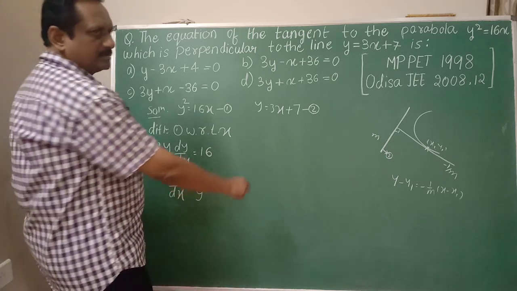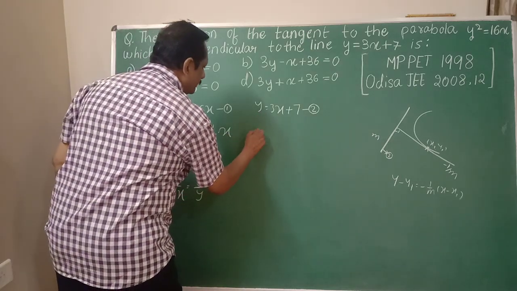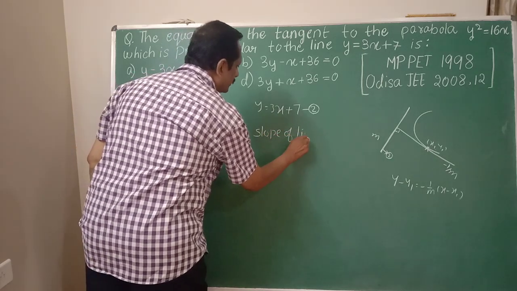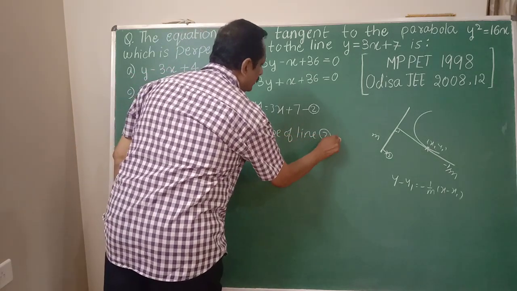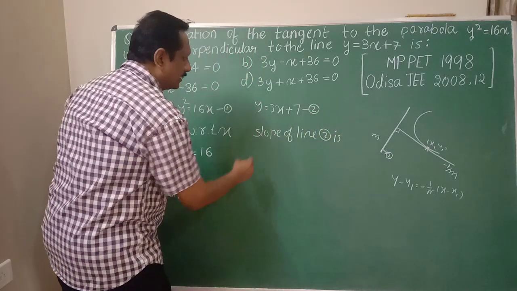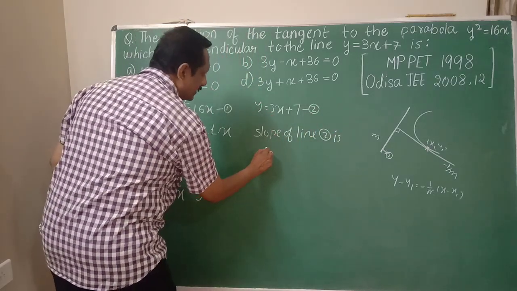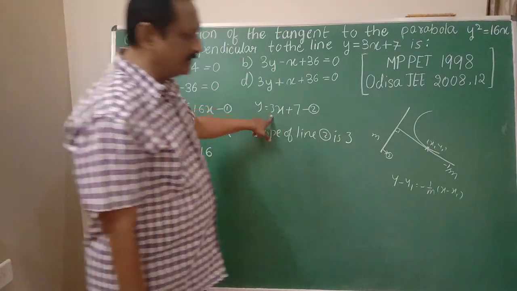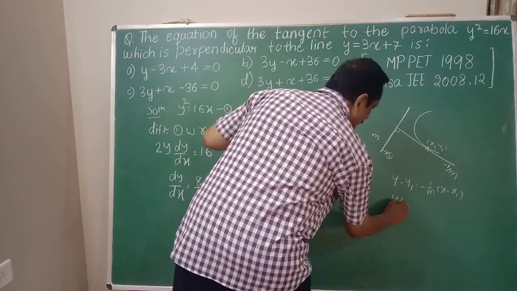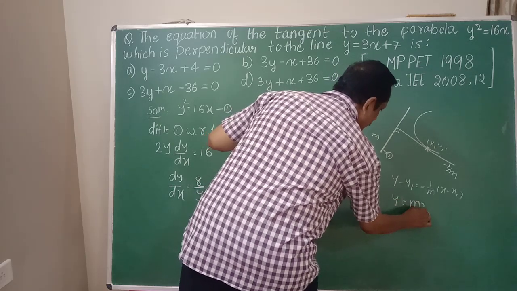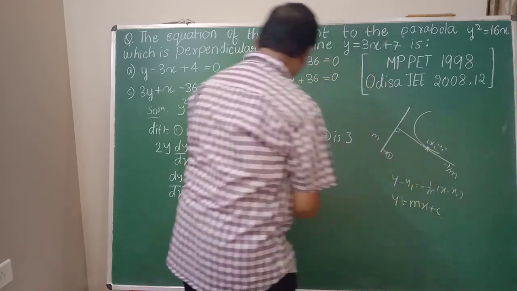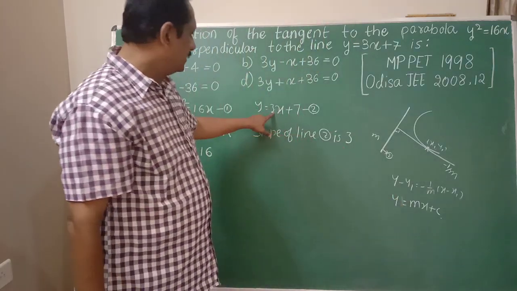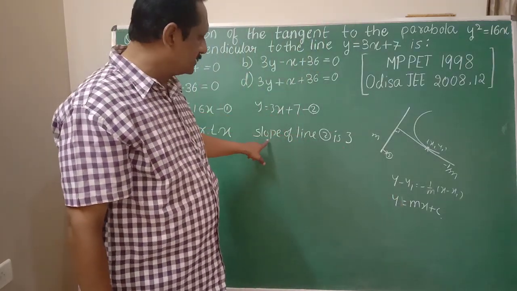And the slope of line 2 is 3, because comparing this equation with y is equal to mx plus c, m is equal to 3, which represents the slope of the line.